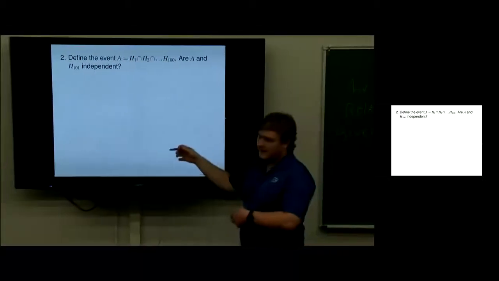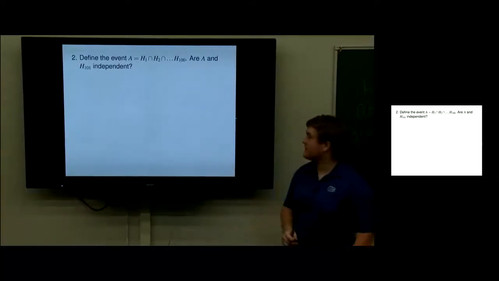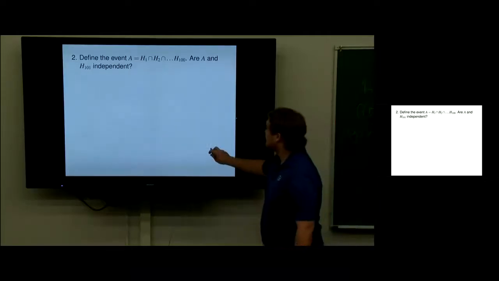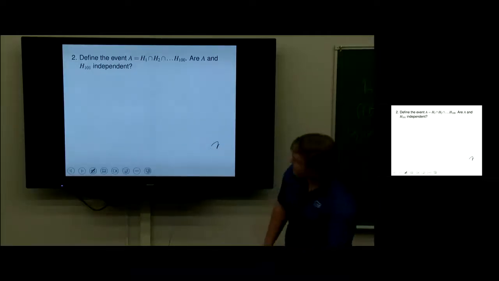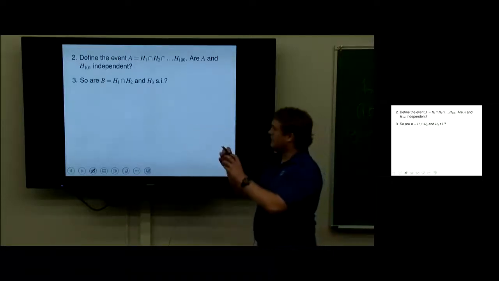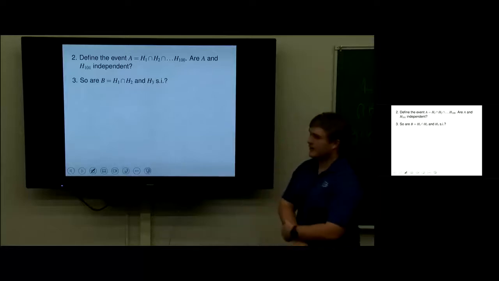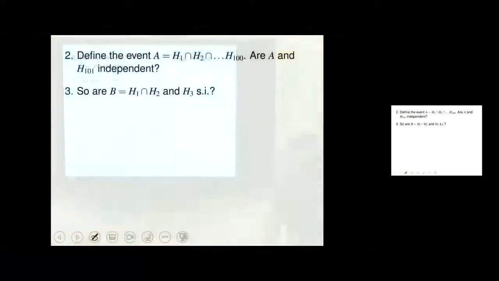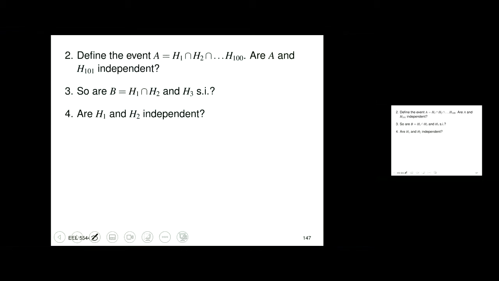Do you think A and H101 are statistically independent? How about a smaller event, B equals H1 intersect H2 and H3? Are those statistically independent? Now would you change your answer for H1 and H2? Are they independent?